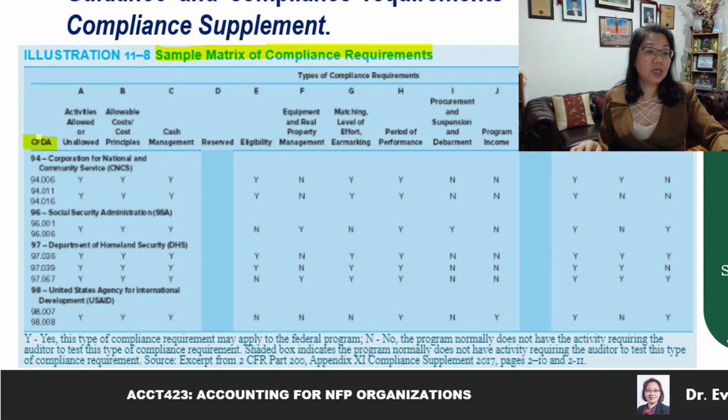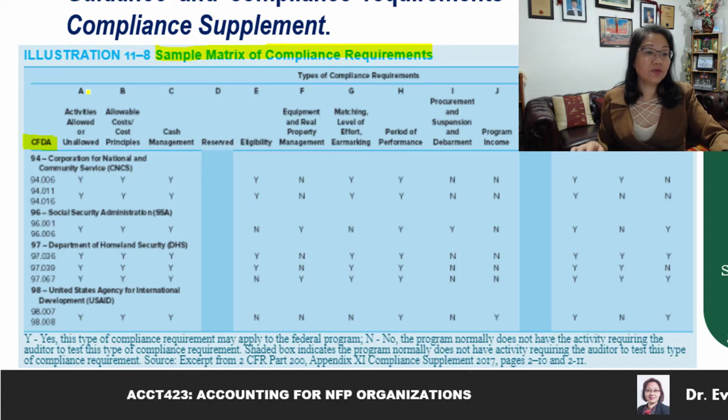So the first column here is actually showing the CFDA title and number of each of the federal domestic assistance projects. All right, and this is where the auditor is looking at whether each major program was administered in conformity with the administrative requirements as contained in the uniform guidance and compliance supplement.